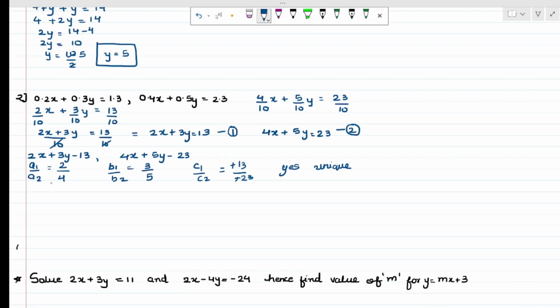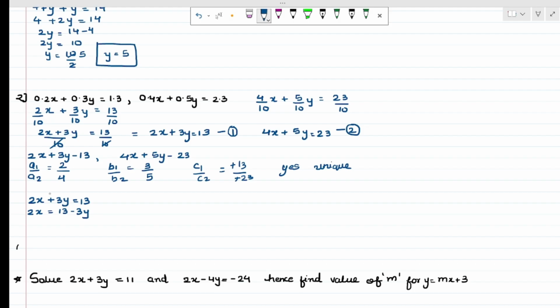You can solve it. How can you solve this? Now take one equation, either first or second. I am selecting my first equation. Write it down as 2x plus 3y is equal to 13. Now I am forming the equation for x. So it will become 2x is equal to 13 minus 3y. How is this possible?